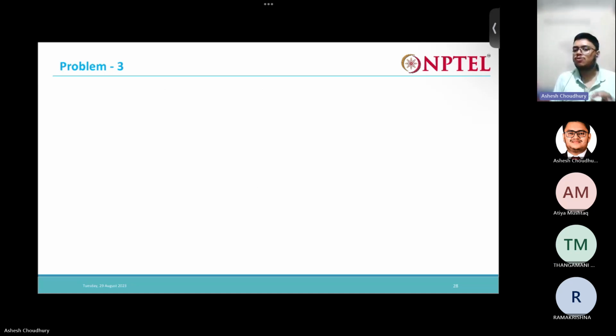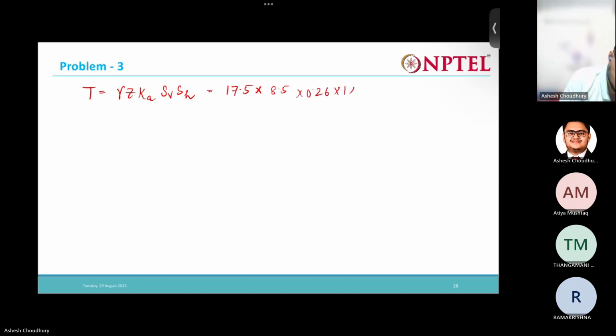So tension is gamma Z K, where Z is 8.5 for the ninth strip. So how much is it coming? 17.5 into 8.5 into 0.6, 38.68 kilonewton. So that is bottommost.